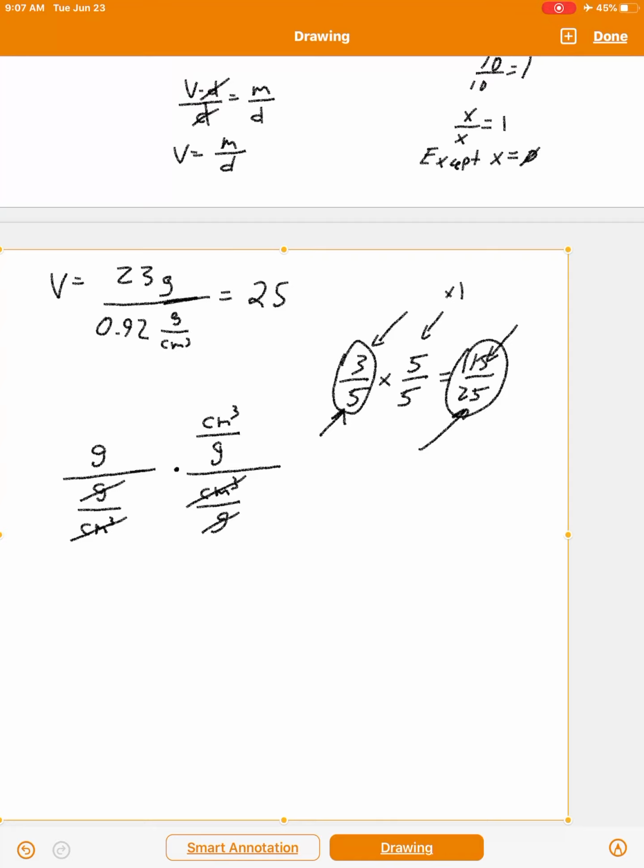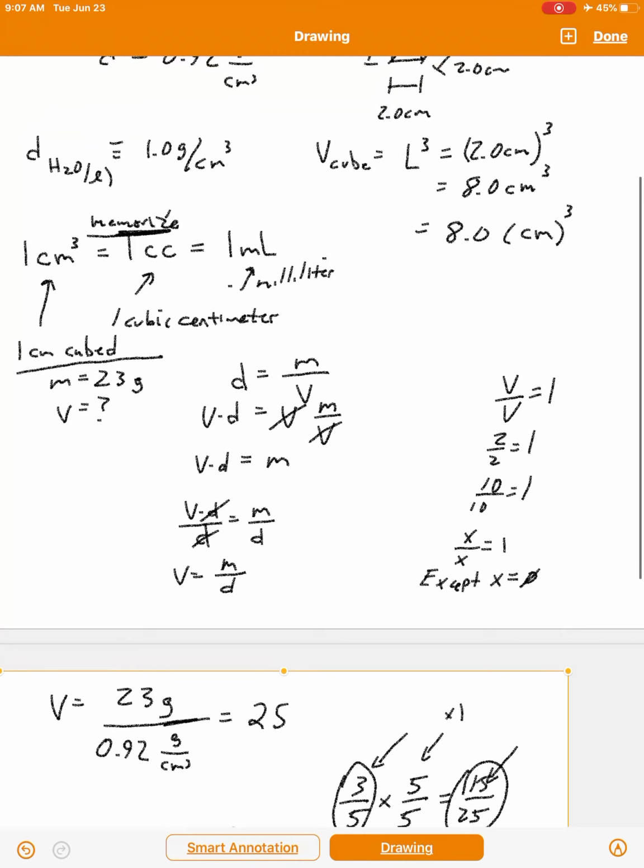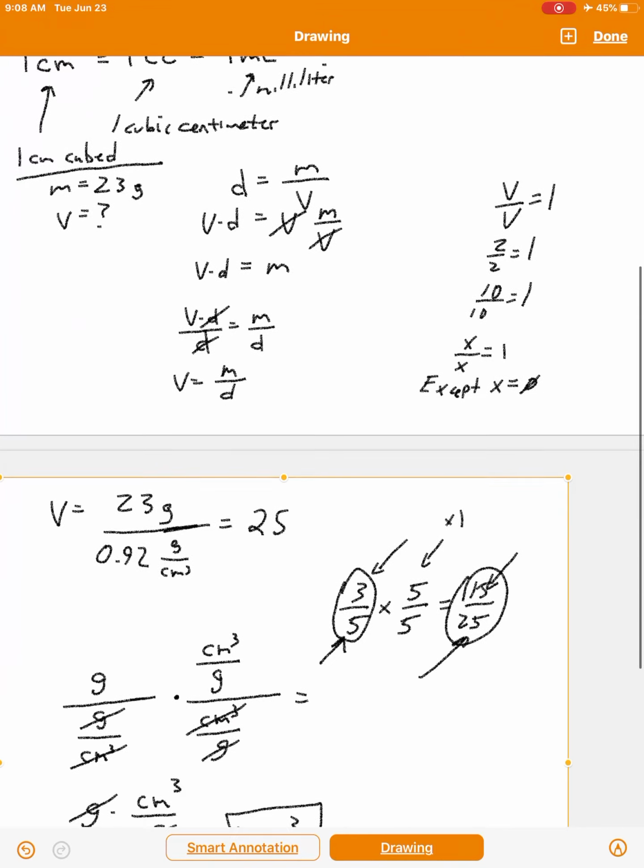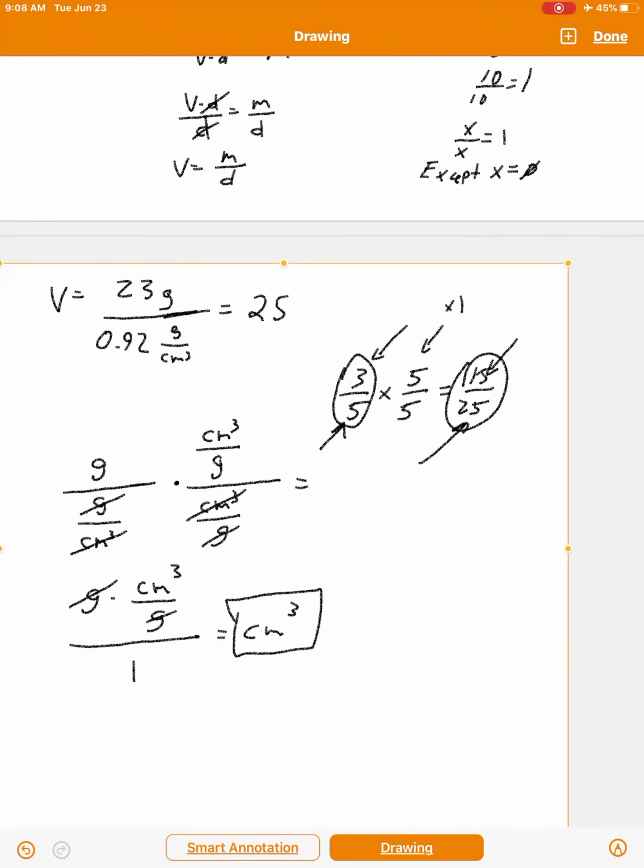So this is equal to now grams times centimeter cubed over grams over 1. Now the grams cancel and you get centimeters cubed. So all I'm doing right there is I'm going through those algebraic steps just to show you that if you try to figure out what the units are going to be here, it's just going to be centimeters cubed.